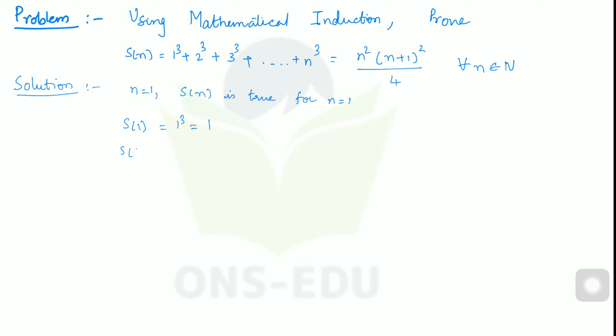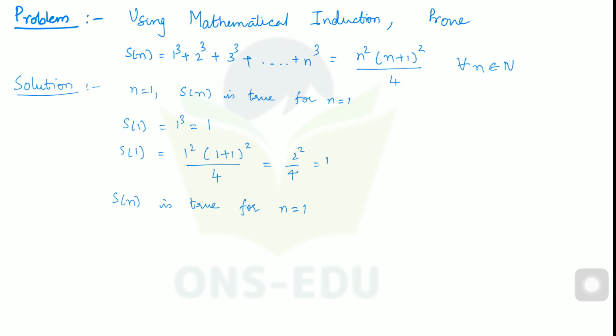Now what is S of 1 according to the formula? 1 square times 1 plus 1 whole square by 4, which is nothing but 2 square by 4, which is also equal to 1. Therefore, the formula S of n is true for n equals 1. So this is step 1. We have proved that S of n is true for n equal to 1.